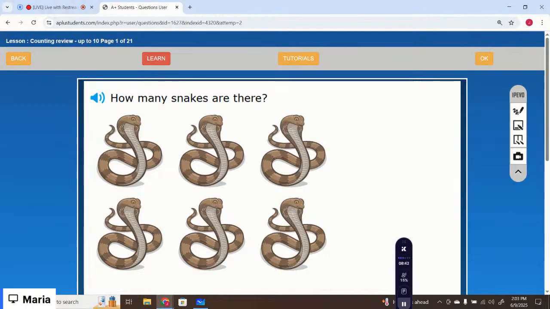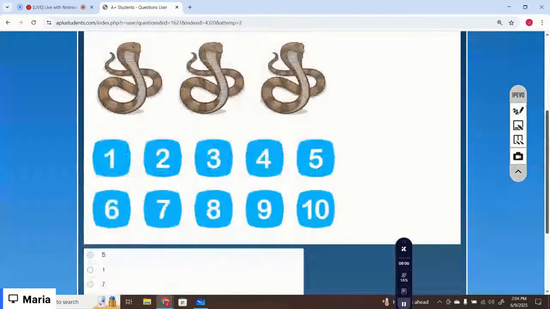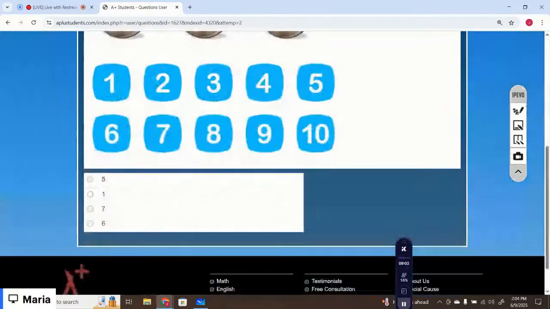How many snakes are there? Let's count the snakes. There are one, two, three, four, five, six. Six snakes.